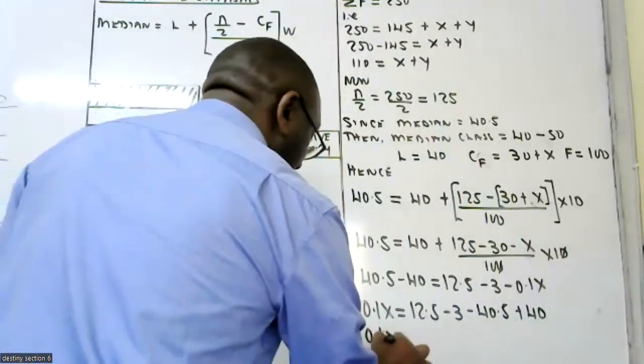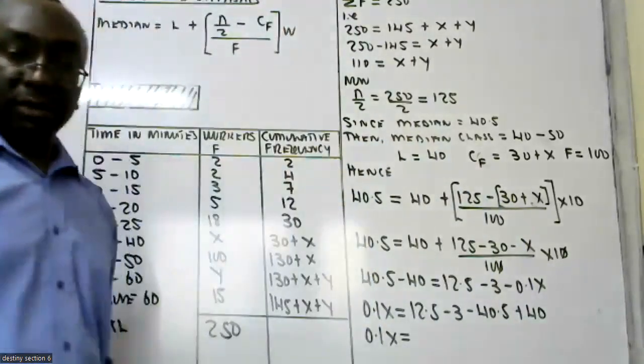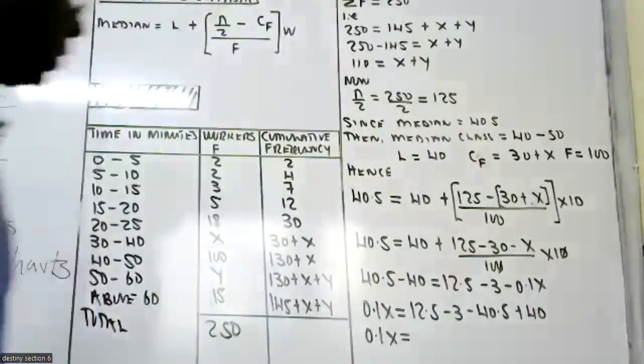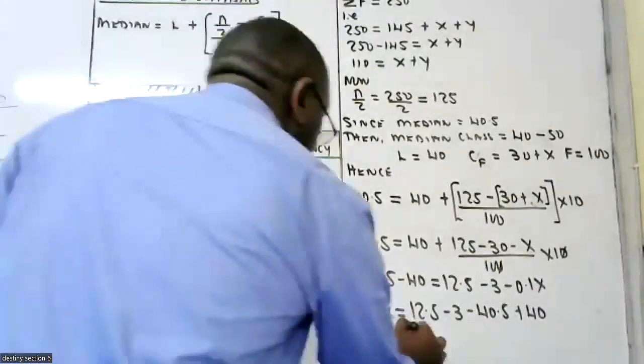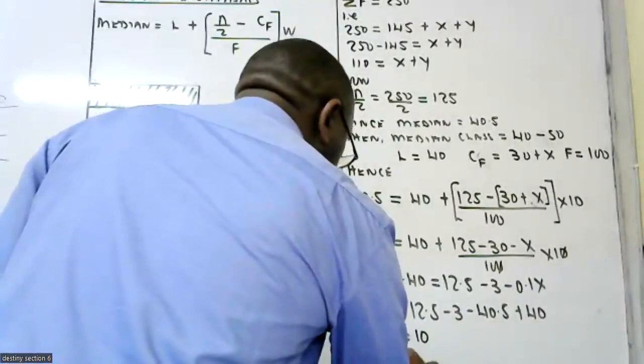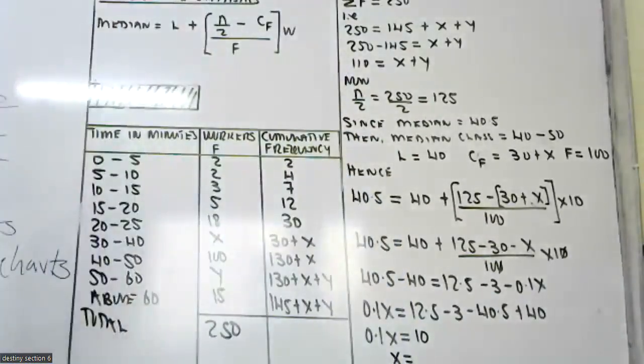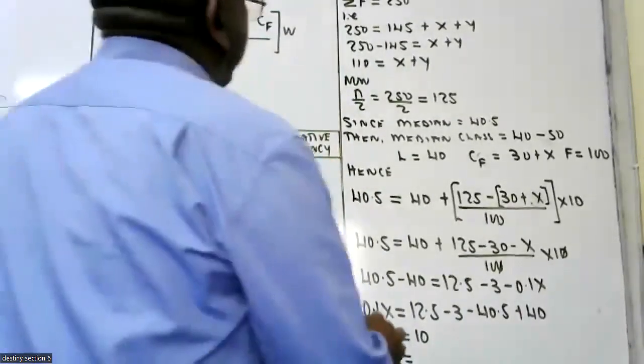So 0.1x, hope you are following the argument, should be equal to 12.5 minus 3 plus 40.5 minus 40, which is 10. Therefore, x should be, dividing by 0.1, 100.